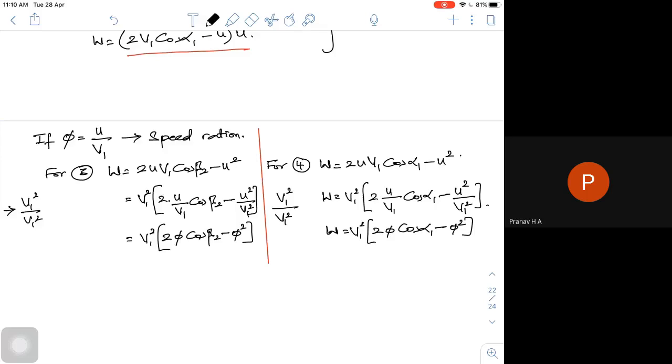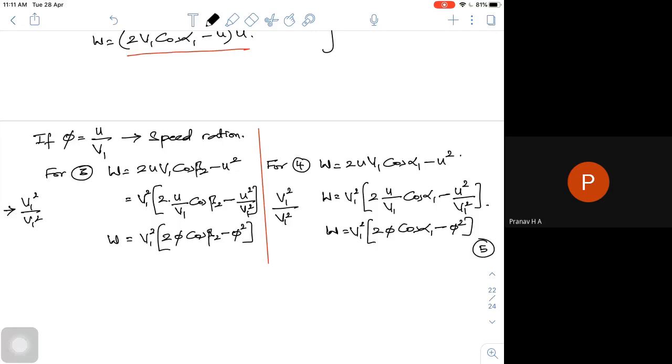If they ask you to show the work done expression in terms of phi and alpha 1, that is the flow angle at the inlet, and the corresponding V1, then your expression should be this. Both I can call expression 5. This expression 5 is the expression for work done for your condition.